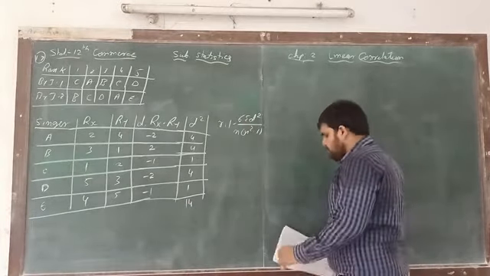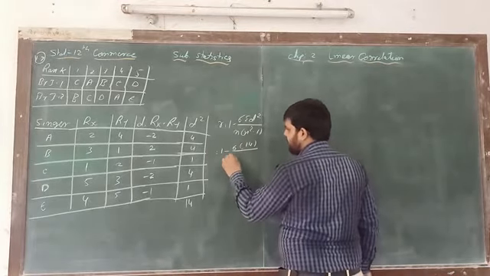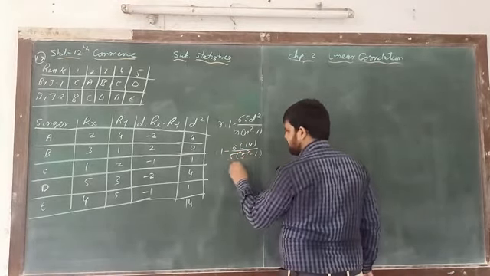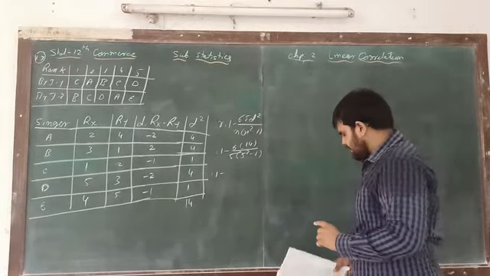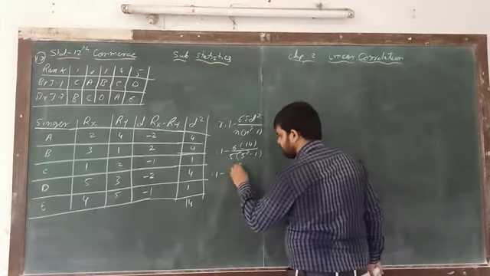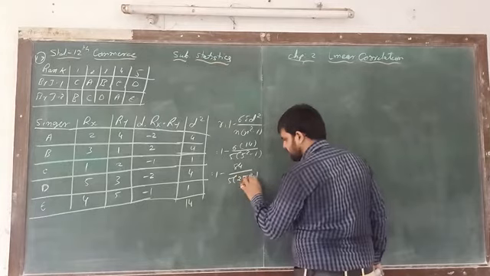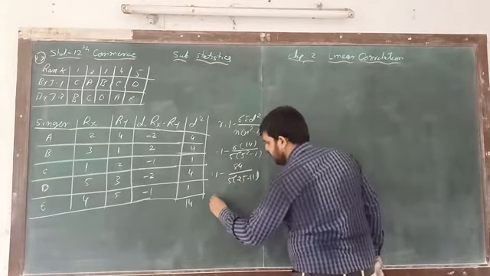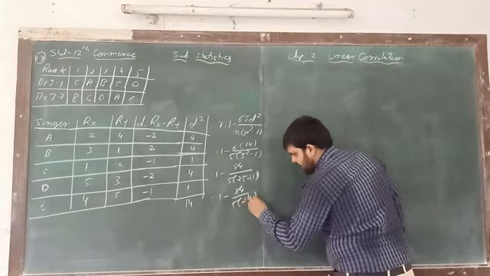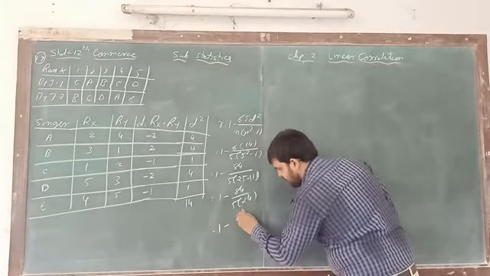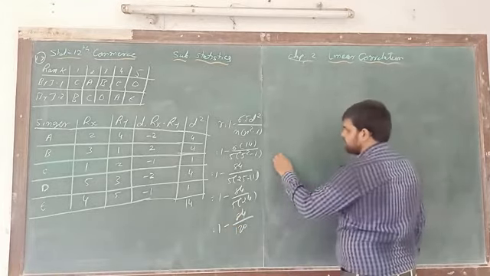In this way, 1 minus 6 into 14 divided by 5 square minus 1. 14 into 6 is 84, divided by 25 minus 1, which is 5 into 24, 120.